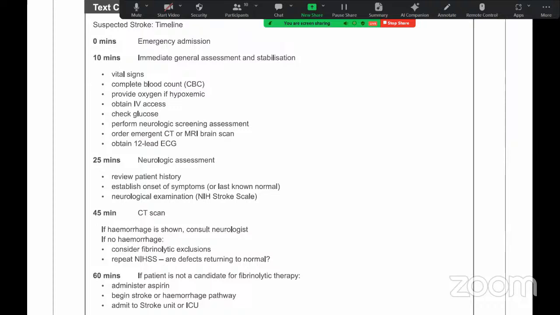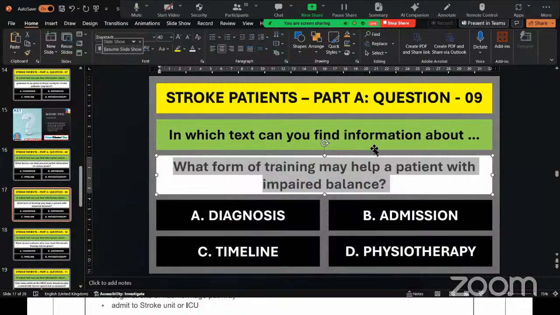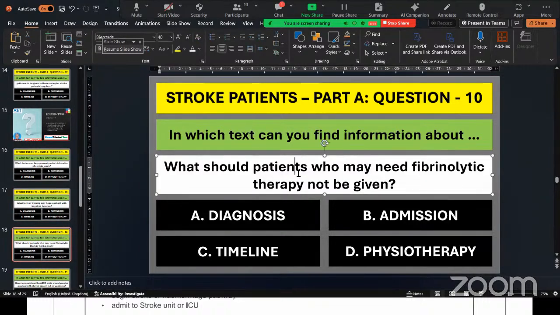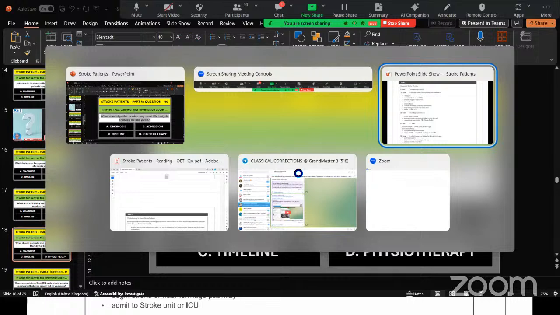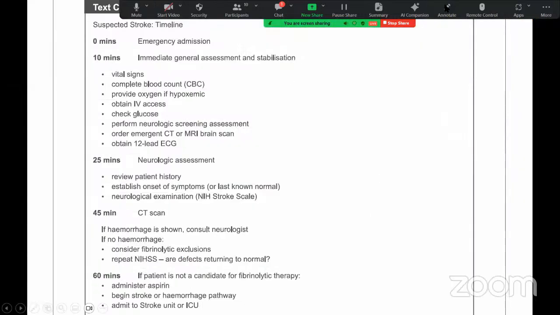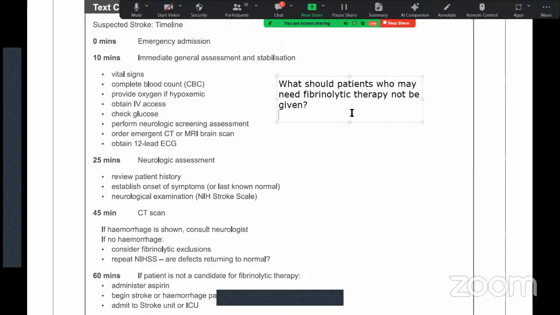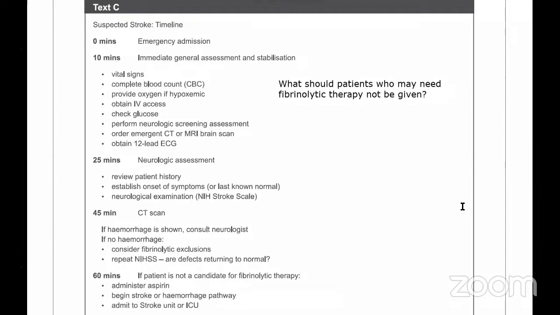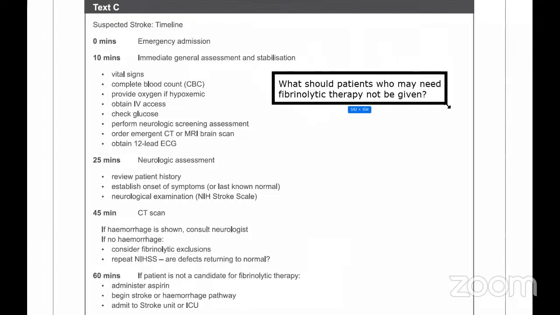So try to understand the question. Now, yesterday one student asked, where is fibrinolytic therapy?